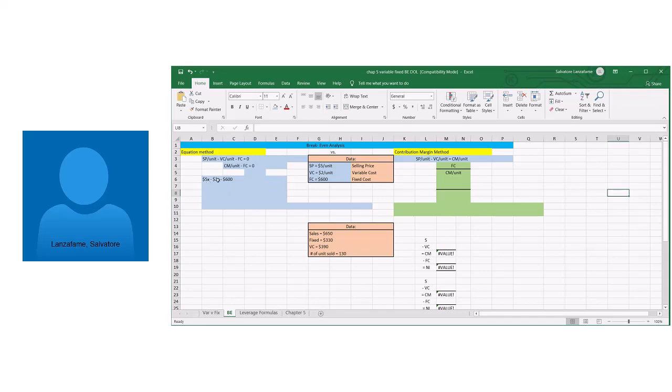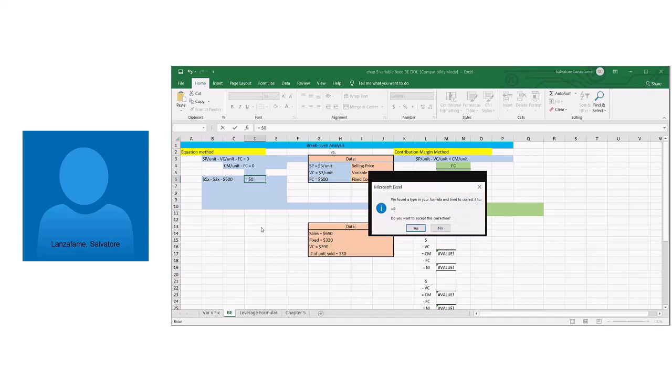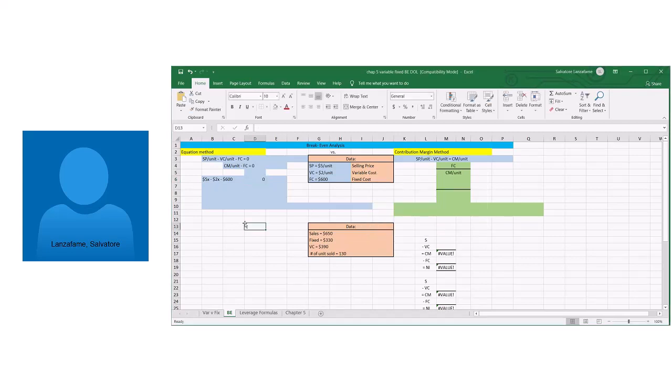So 5x minus 2x minus 600, and we're going to set it equal to 0. In essence, we want to figure out how many units we need to make, or sell in this case, in order to break even. So if we do the contribution margin, 5x minus 2x gives us $3x, and then we subtract our $600 worth of fixed costs.